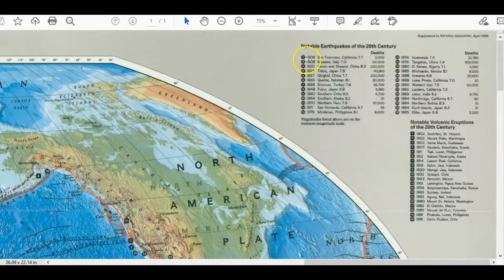Just be careful because the earthquakes are circles and the notable eruptions are squares, so they can look similar on the map if you don't take a good look. It asks you about what the death toll was for certain things. So you have to find it, and then you can just read off the value there. But if you have to find it on the map, you'll look for that number as a circle or a square to figure out what type of plate boundary that was.